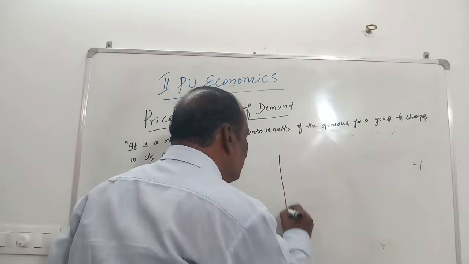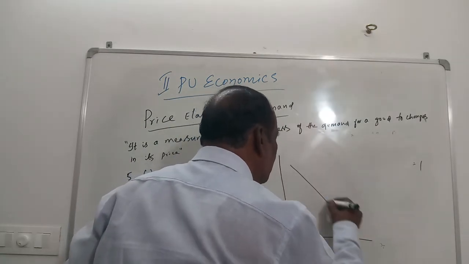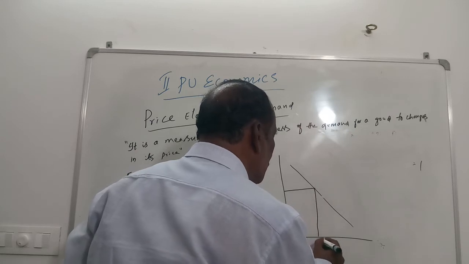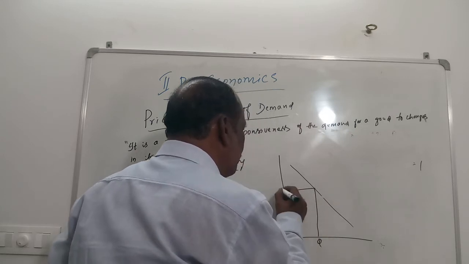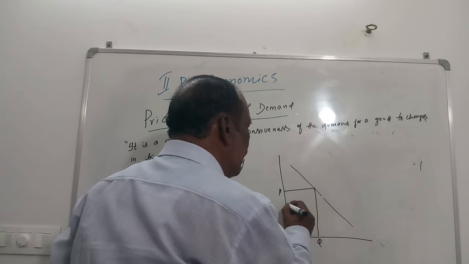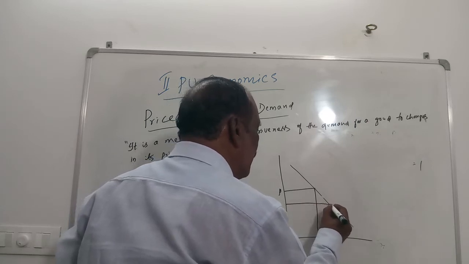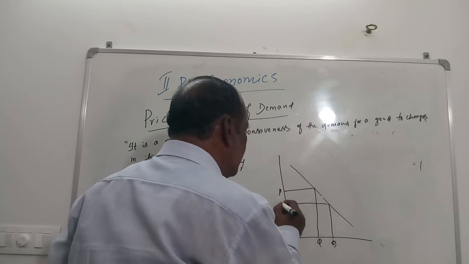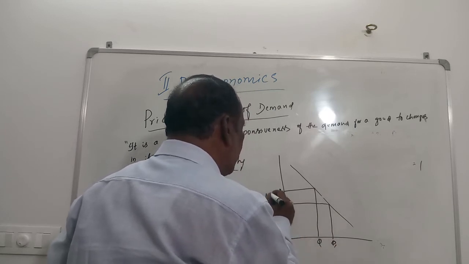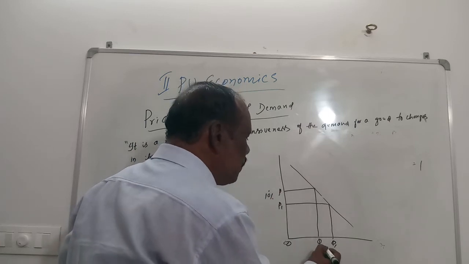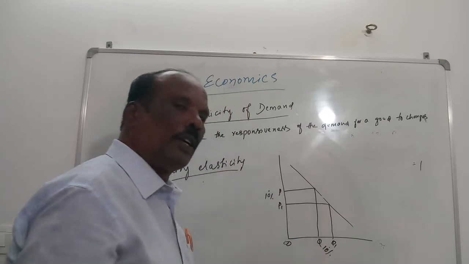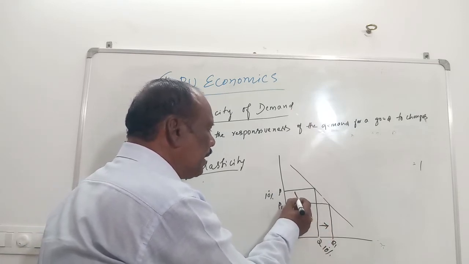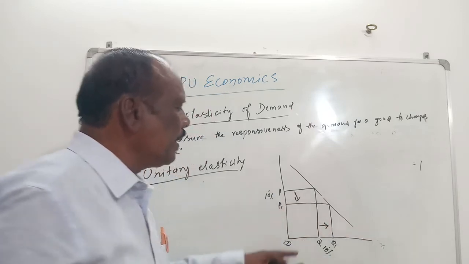You have to see this is OQ and this is OP. This is quantity 1, this is P1, and a 10% change in price leads to 10% change in quantity demanded. So price falls and quantity demanded increases.